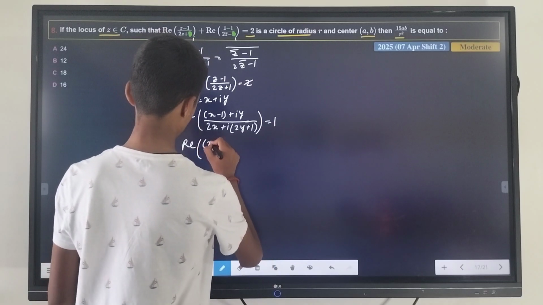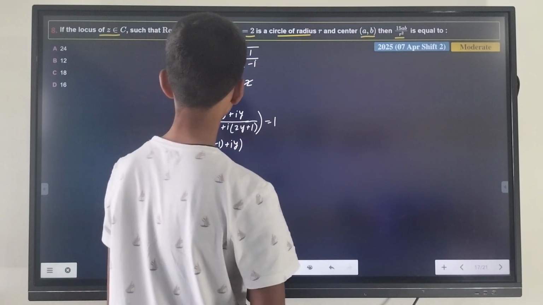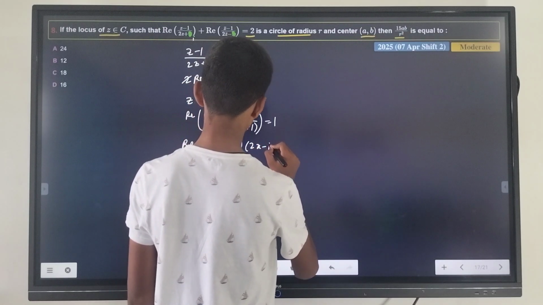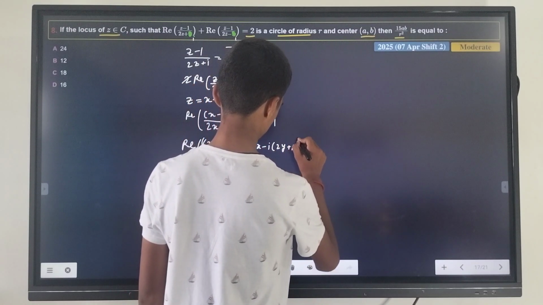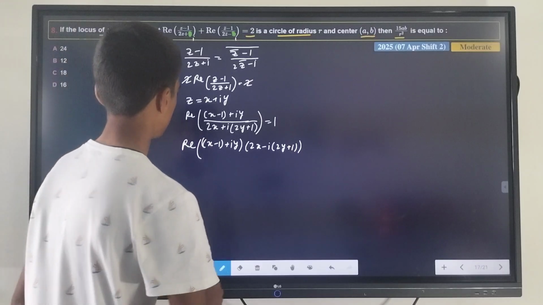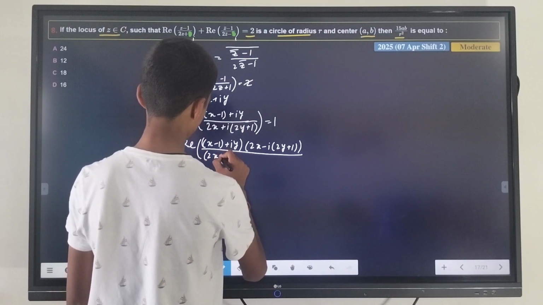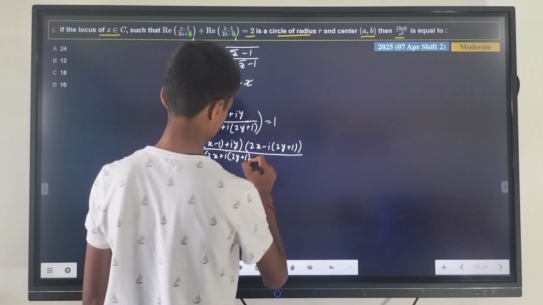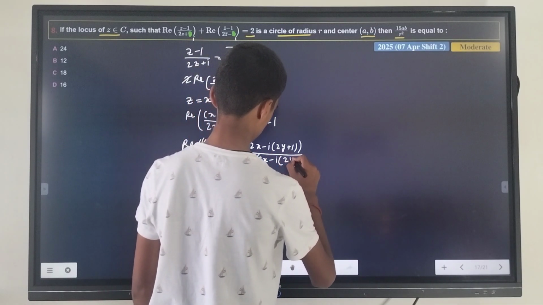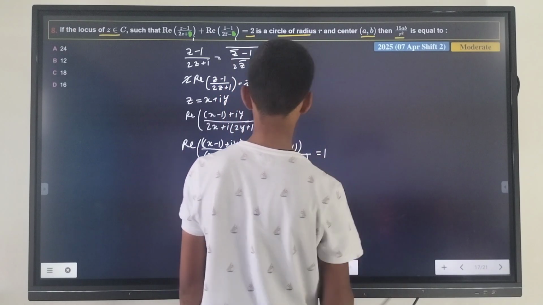We will get x minus 1 plus iota y and 2x minus iota 2y plus 1 divided by 2x plus iota 2y plus 1 into 2x minus iota 2y plus 1 is equal to 1.